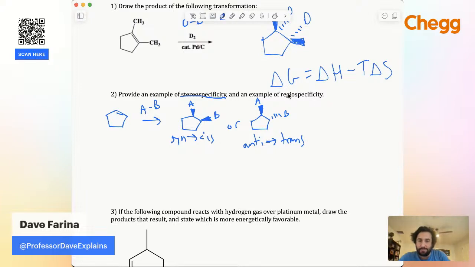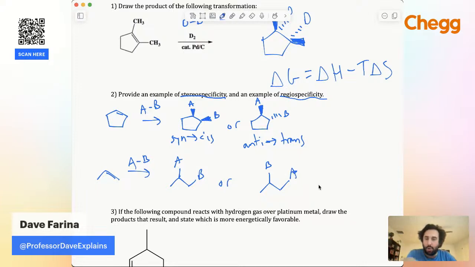Then regiospecificity, that is when you could have potentially different structural isomers, but you preferentially get one. So here, let's do another addition reaction. And let's say we can get A there and B there, or we can get B here and A here. And so these are different structural isomers.